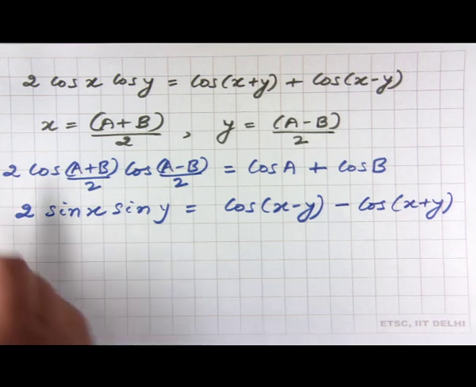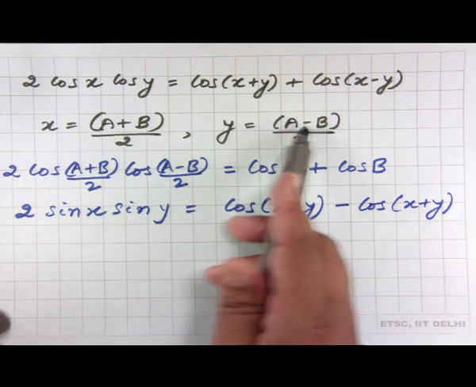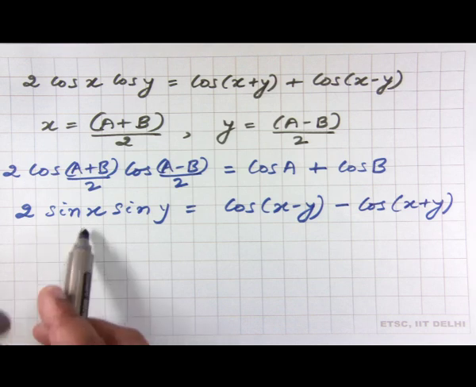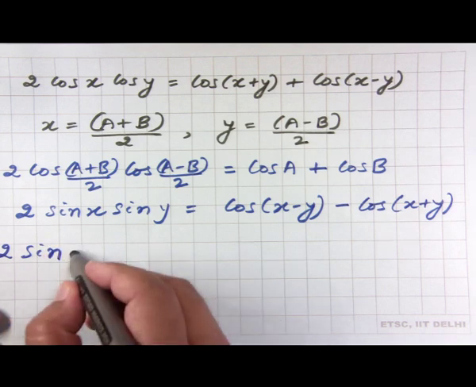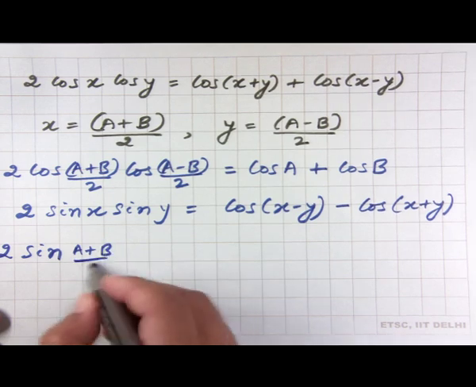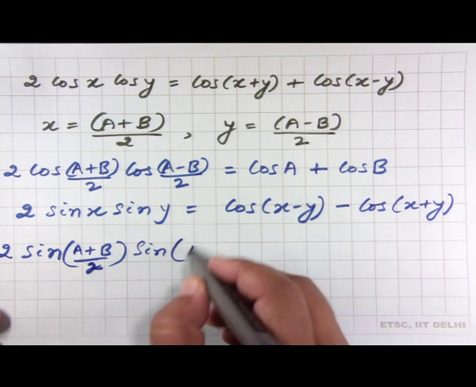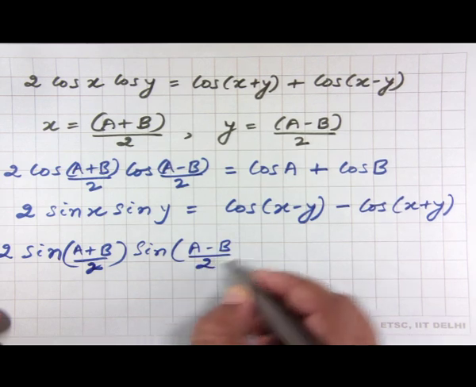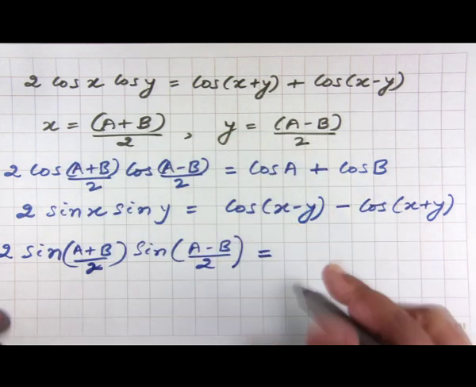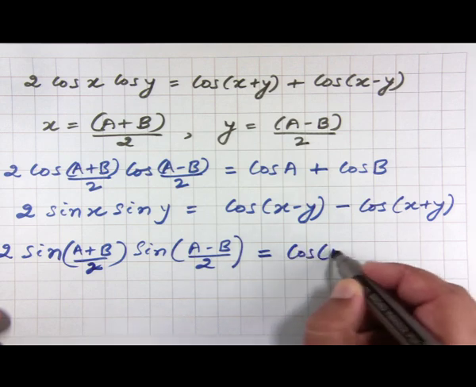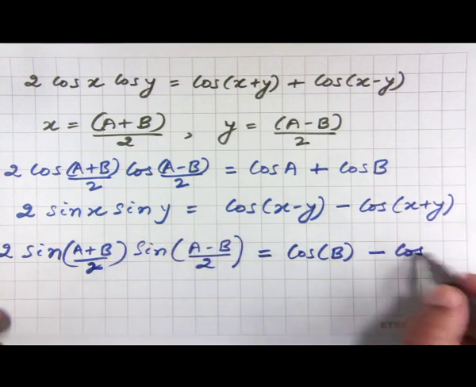And again doing the same substitution here with x equal to (a plus b) by 2 and y equal to (a minus b) by 2, what we will end up getting here is 2 into sine of (a plus b) over 2 into sine of (a minus b) over 2 equals, x minus y is b, so cosine of b, minus x plus y is a, cosine of a.